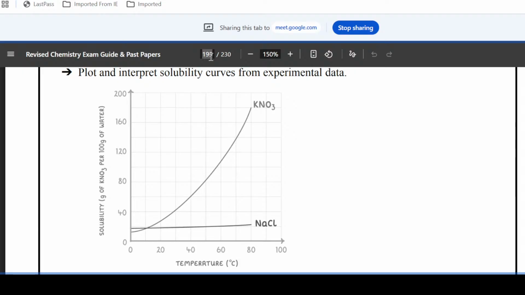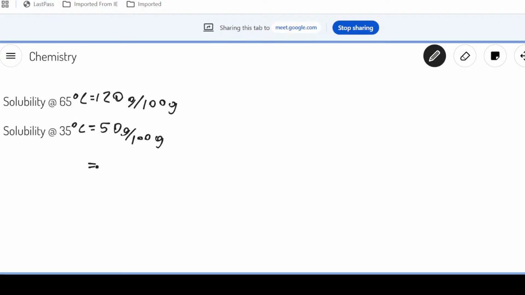All we have to do is just take the difference, because whatever you see on the solubility curve represents the maximum amount that solution can hold. So at 65, the maximum mass of solute that can be held in the solvent is 120, and the maximum at 35 is 50.